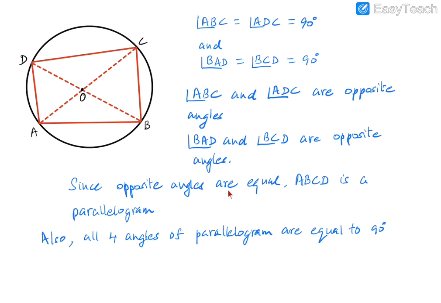So first we have shown that the opposite angles are equal, and therefore we concluded that ABCD is a parallelogram. And now in that parallelogram ABCD, we have all the four angles equal to 90 degrees. So therefore we can now state that ABCD is a rectangle.